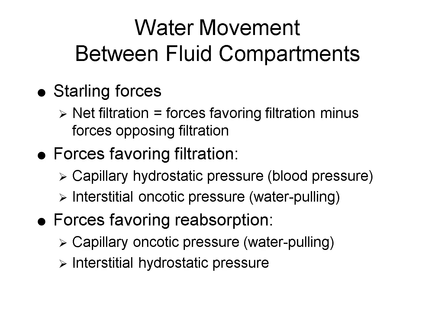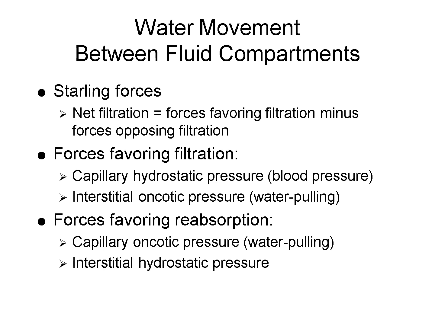The movement of water between fluid compartments is primarily governed by Starling forces. Net filtration is defined as the balance between the forces that favor filtration and those that oppose it. Forces that favor filtration include capillary hydrostatic pressure, often equated with blood pressure, and interstitial oncotic pressure, which refers to the pulling of water into the interstitial spaces.